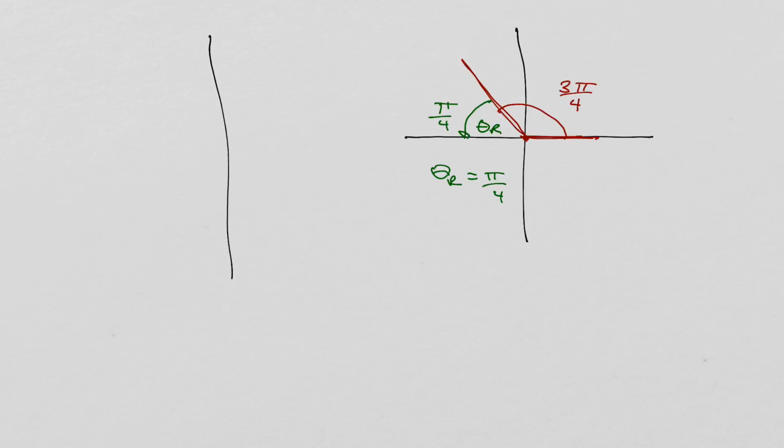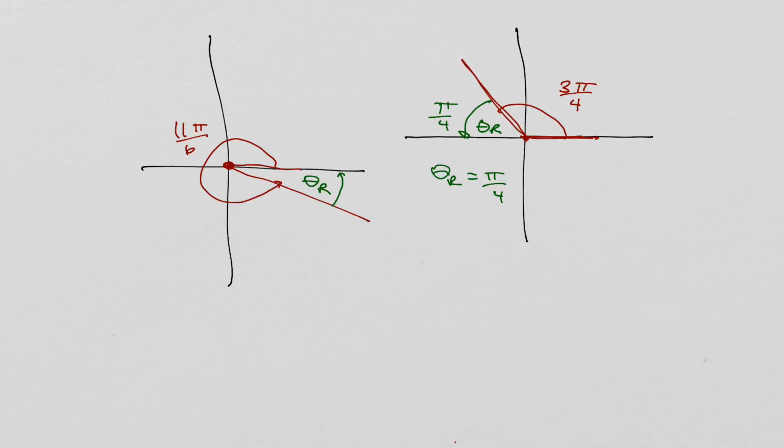And then if we just do one more of these just to remind ourselves, let's say it sweeps out all the way to here. So let's say that's 11 pi over 6 is that angle. And the reference angle then goes from the terminal side to here. So there's my reference angle.